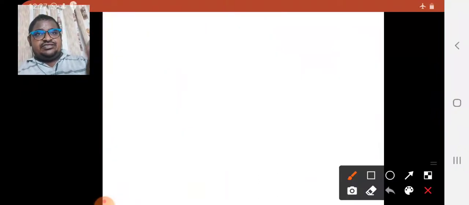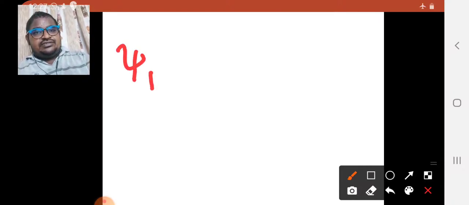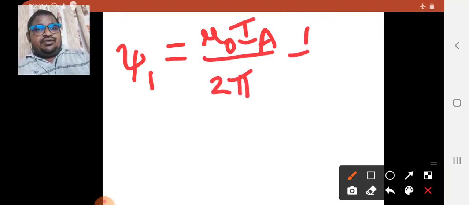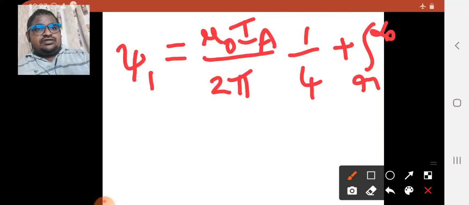What is that? The flux linkage due to conductor A. The flux linkage with conductor A due to its own current is given by psi 1 is equal to mu naught IA by 2 pi into 1 by 4 plus integral r to infinity dx by x.